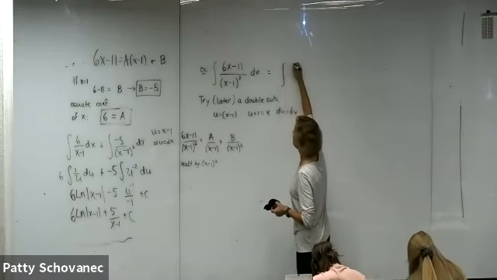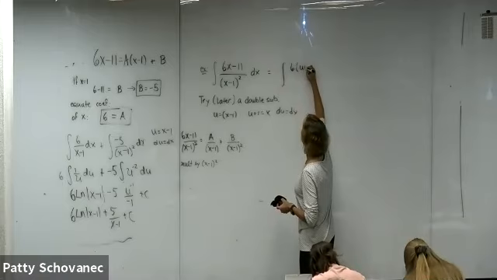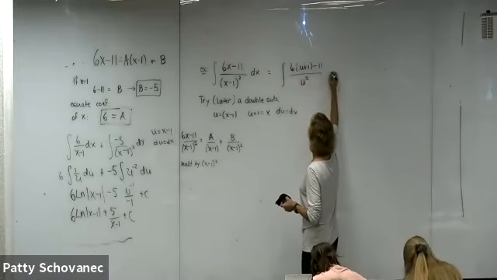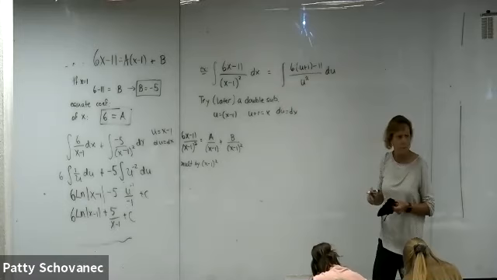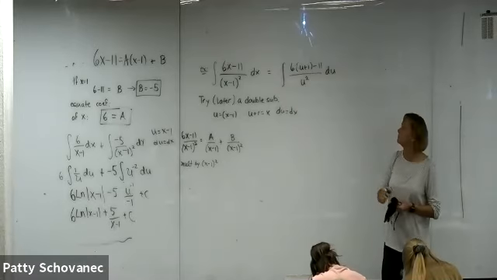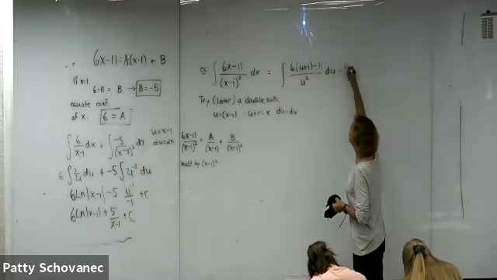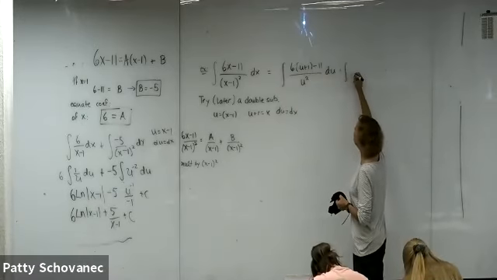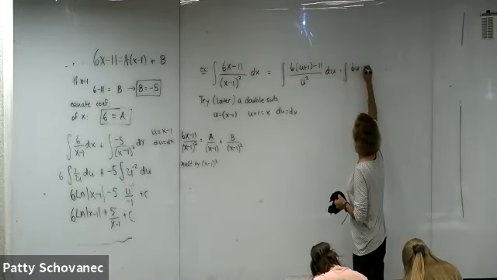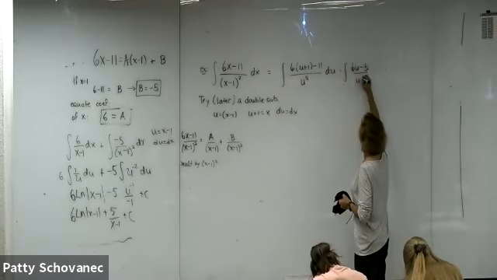So I'm going to have 6 times u plus 1 minus 11 over u squared du. So let's multiply that out. 6u plus 6 minus 11 is 6u minus 5 over u squared.